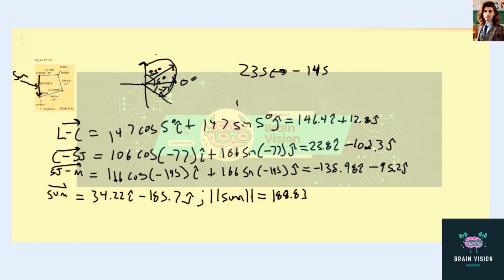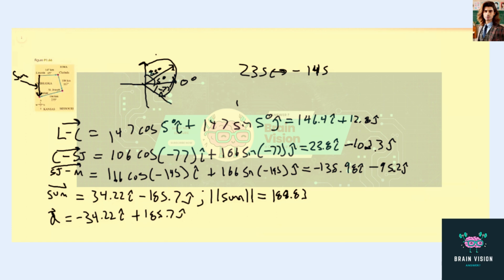All right, so basically, to get back, we want to do the exact opposite of this sum vector. So the exact opposite, I'll call our displacement vector to get back, is negative 34.22 i hat plus 185.7 j hat.